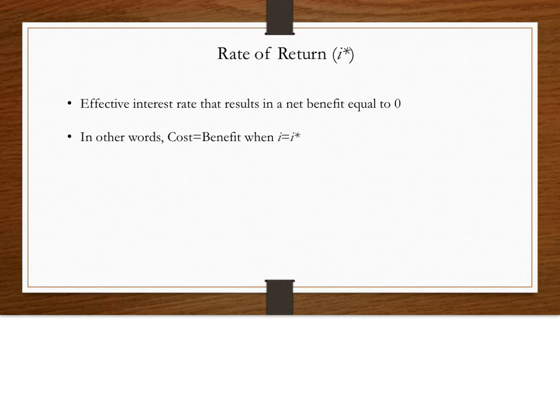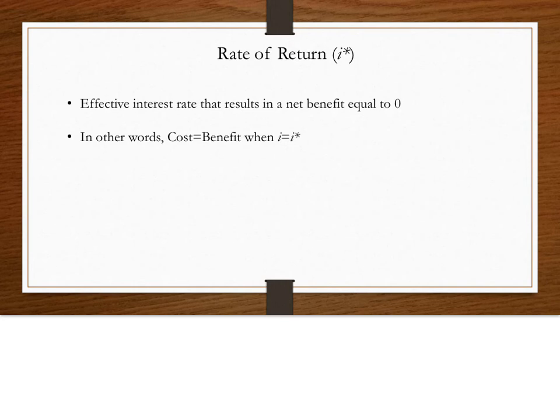The next method is rate of return. Now, this method allows us to determine the interest rate we would need so that our net benefits would equal 0. In other words, our benefits equal our costs when our interest rate is our rate of return.